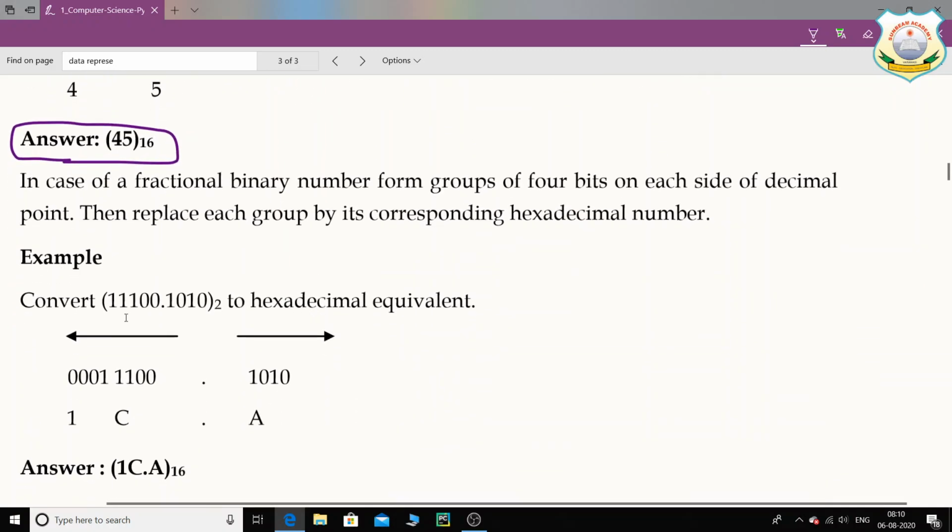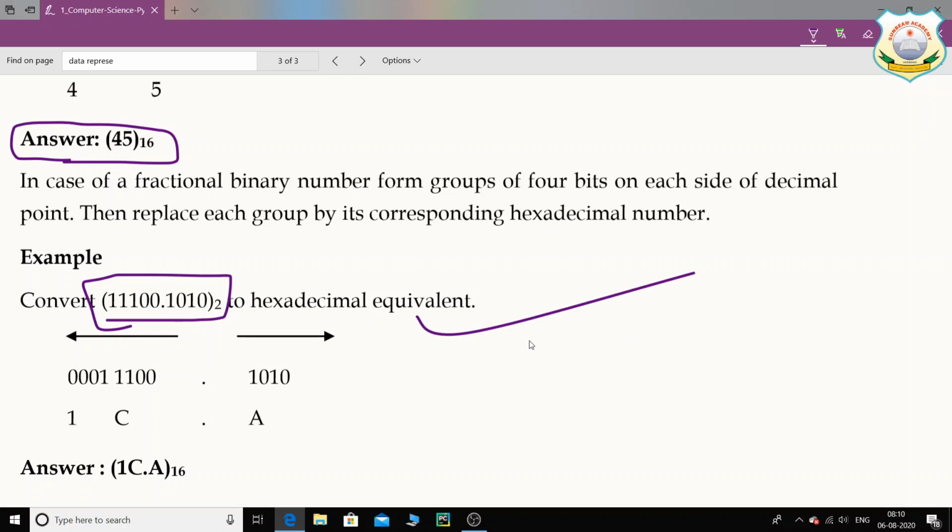And then with the decimal point also, how are we going to deal with the decimal point? This is a binary number, and we want to convert it into hexadecimal. So that is the number. After the decimal point, this is the number, right? They have written this is the point.